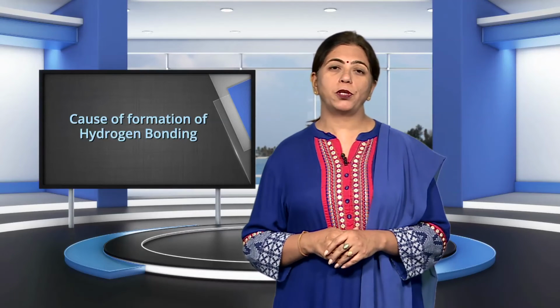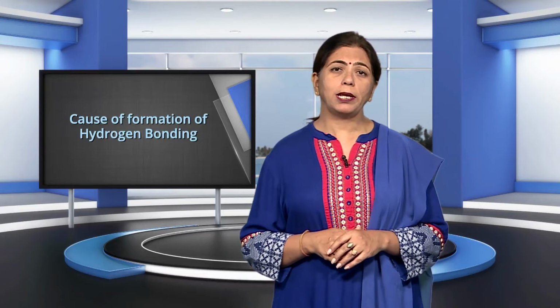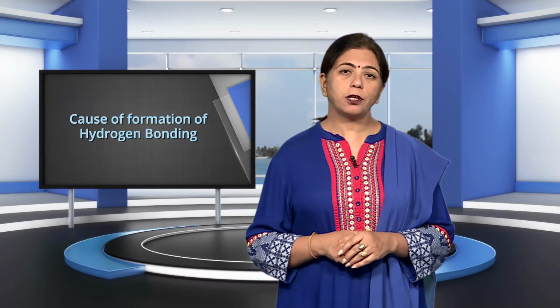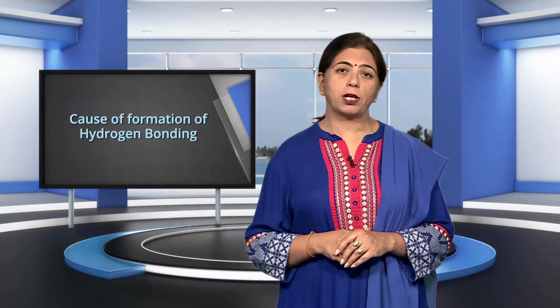The cause for the formation of hydrogen bonding: when hydrogen is bonded to a strongly electronegative element like X, the electron pair shared between the two atoms moves far away from the hydrogen atom.